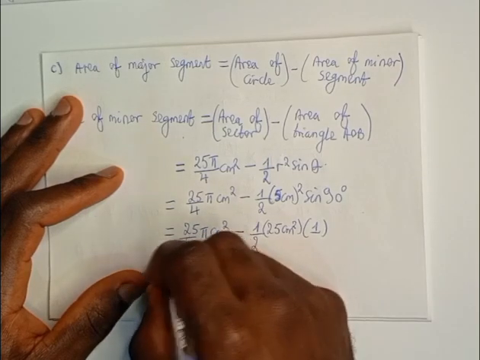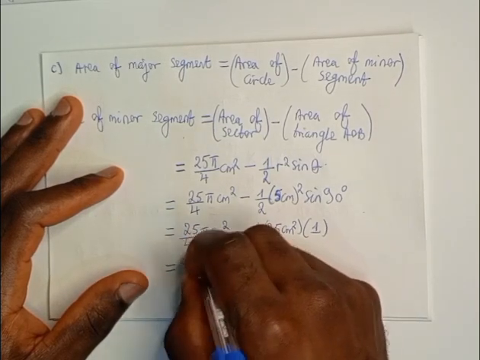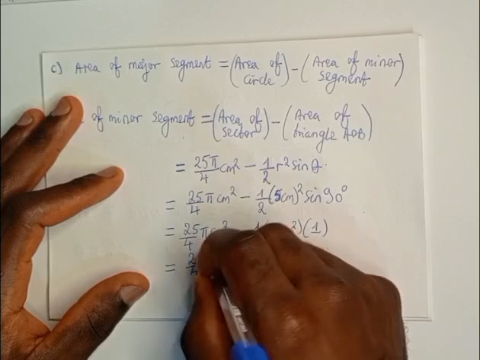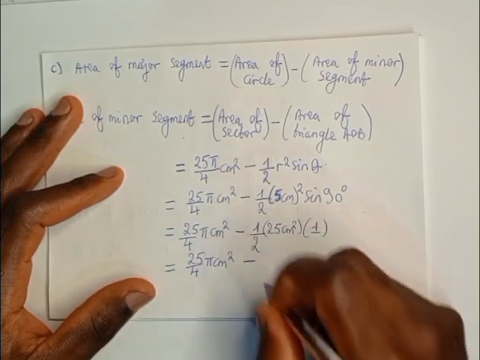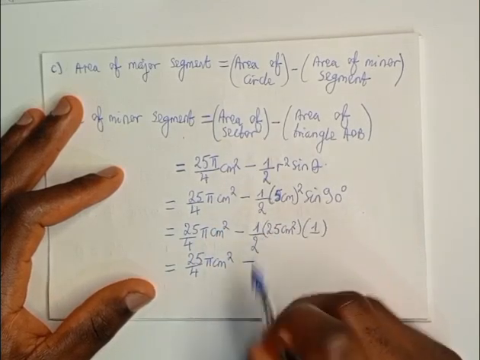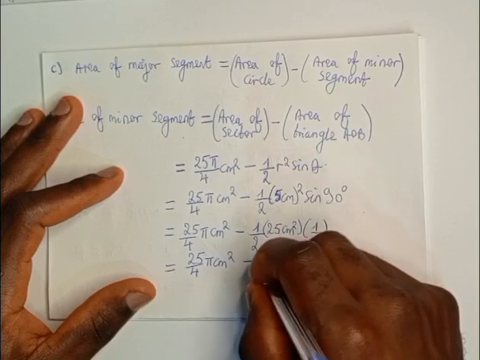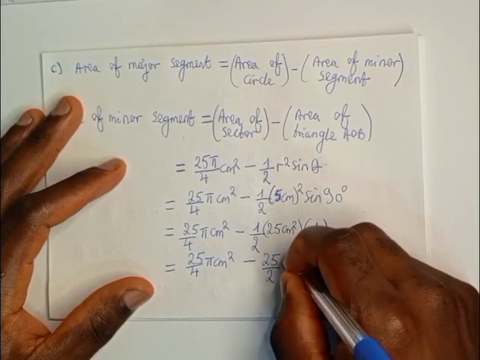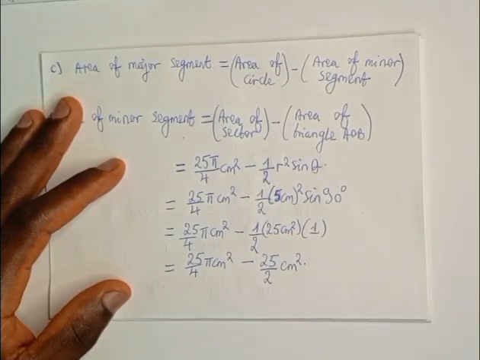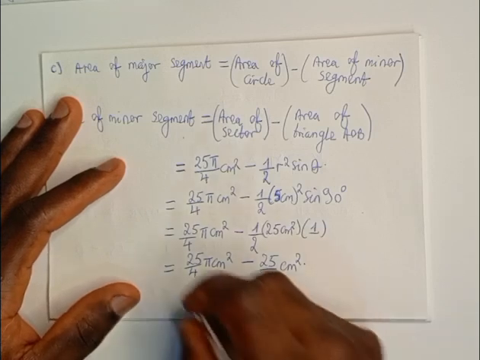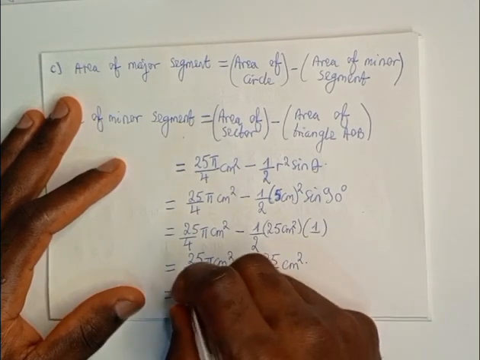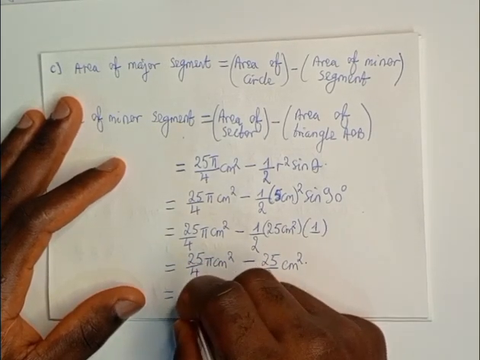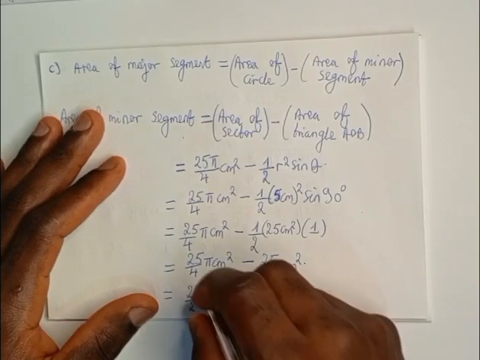So this will be equal to 25 over 4 pi centimeters squared minus 25 on 2 centimeters squared. You will see that we can factor out 25 on 2.